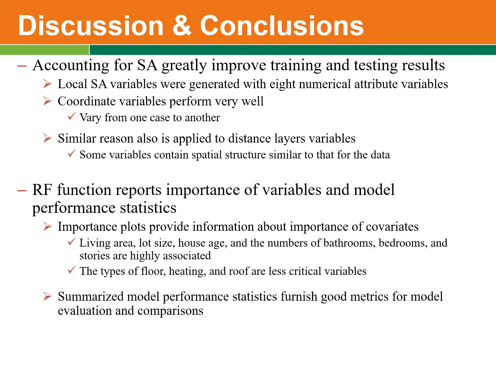But we believe this type of proxy variable is a better choice because we can generate distance layers from each of the house locations or centroids, and it's highly likely that some layers out of all the generated layers can have similar spatial structures as the house price variable.